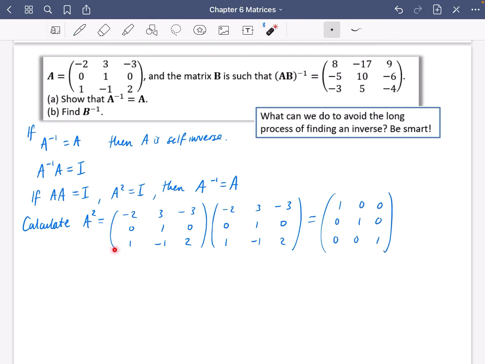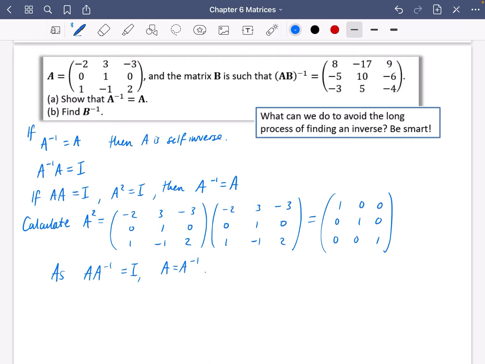But we know that these two things multiplied must be equal to the inverse because they've said that these things are the same as each other. So we can calculate it and we can say as A inverse equals I, A must be equal to A inverse. That's it. So we didn't even have to find out the determinant, the transpose, the cofactors, the minors, all of that sort of stuff.